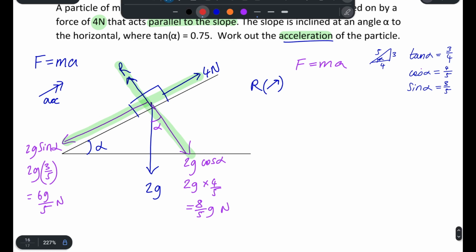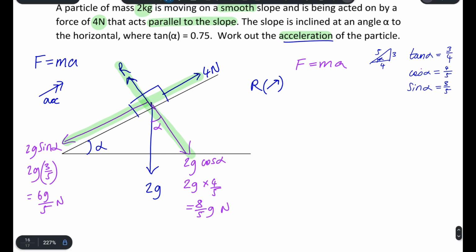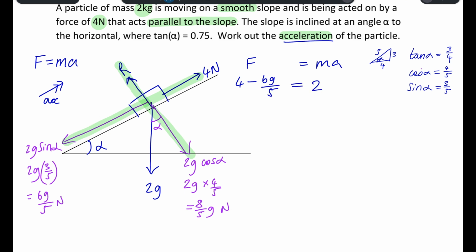So let's work this out. Using F equals ma, we have 4 newtons, and then the opposite, oh, I don't need the n, so let me just clear this up a bit. So we have 4, and so F equals ma: 4 minus 6g over 5 is equal to mass, which is 2, not 2g, it's just 2, times acceleration, and we don't know what acceleration is.